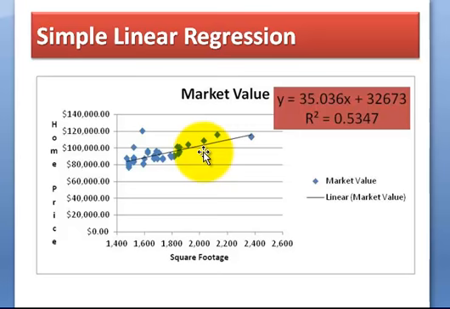But we took our raw data, we put in square footage, home prices, we plotted it, we asked Excel to give us a trend line, which the examples give you exactly how to do that. It gave us this equation, and it gave us this r squared that says 53% of the variation is explained by square footage. So let's move on.